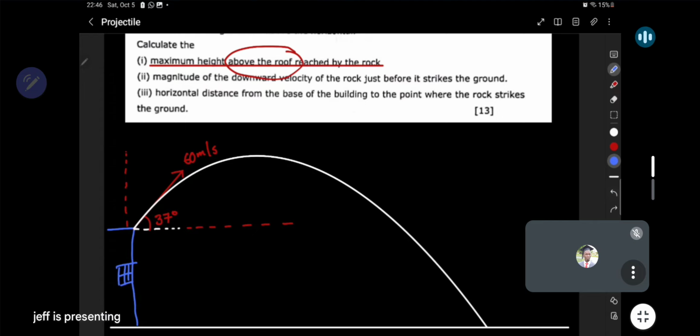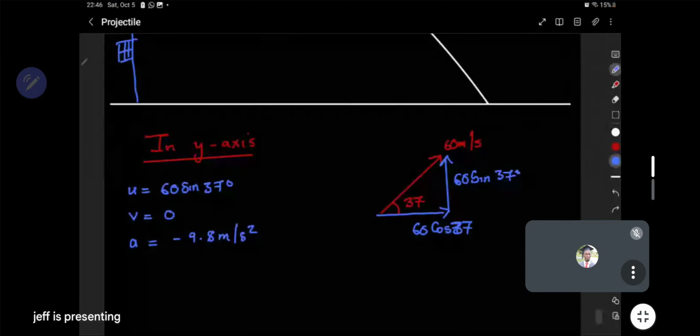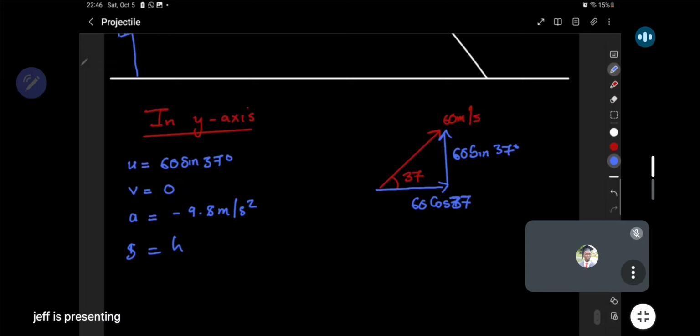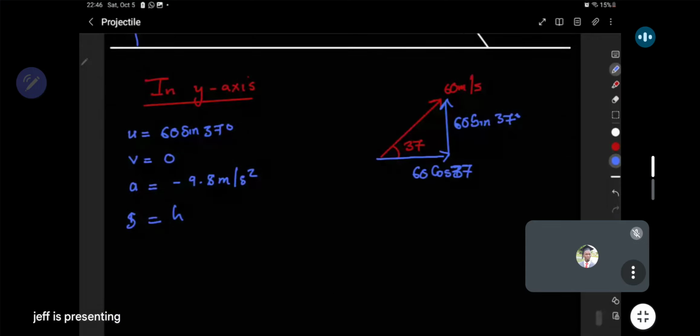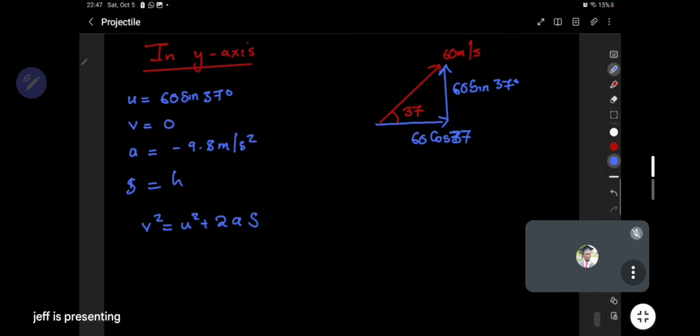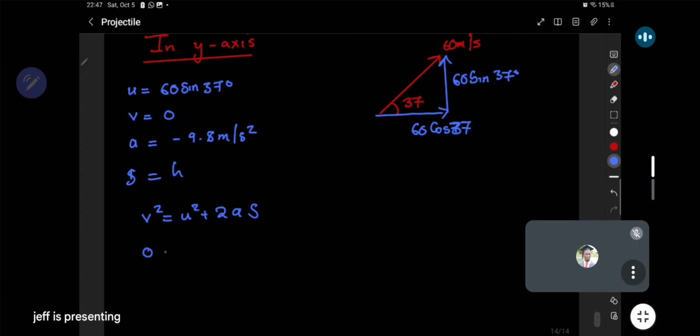That's an upward displacement, S, we'll just label it as h. Here you see that you don't have time, so pick the equation that doesn't have time: v squared equals u squared plus 2as. When you substitute, at the maximum height the final velocity is 0, initial is 60 sin 37, we have to square it, plus 2, acceleration minus 9.8, displacement is our height h.